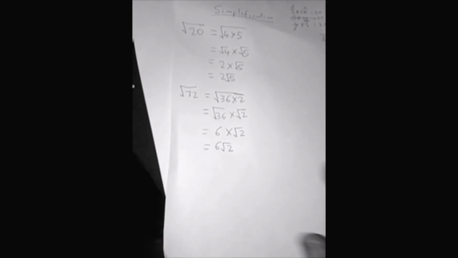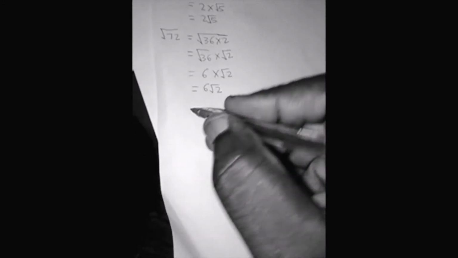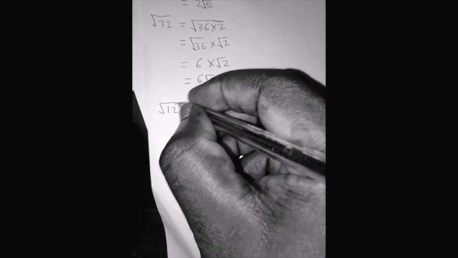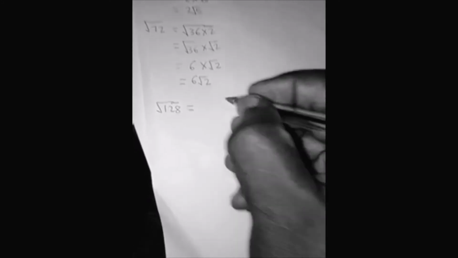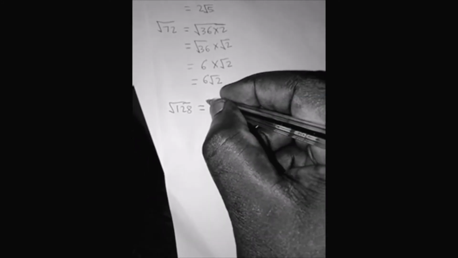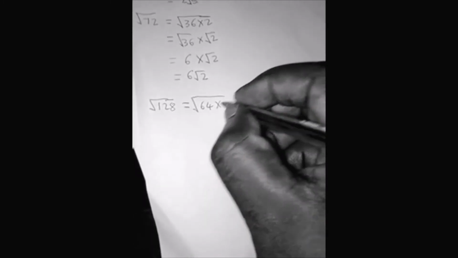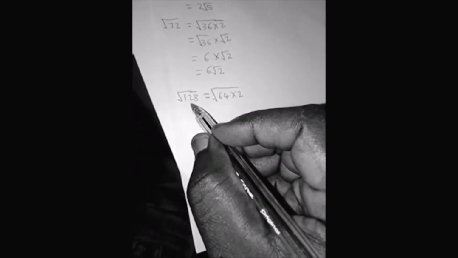Let's try another example and let's see. Root of 128. When I check this, 64 times 2 will give me 128.